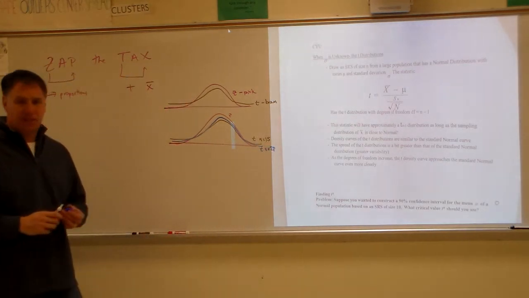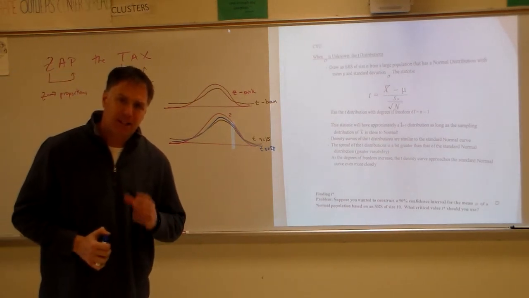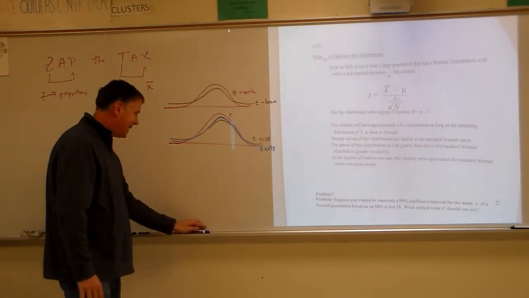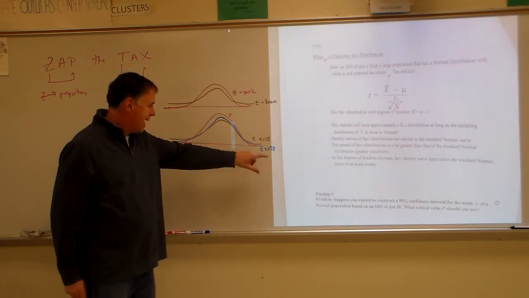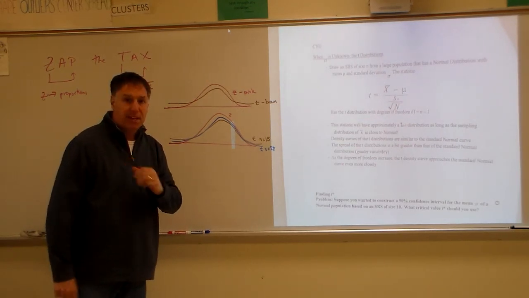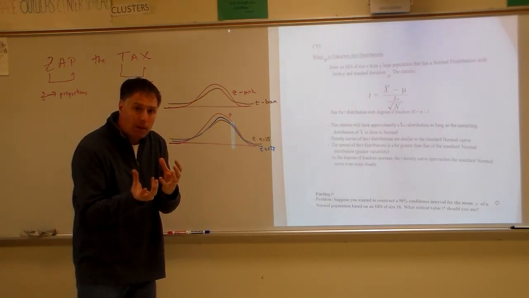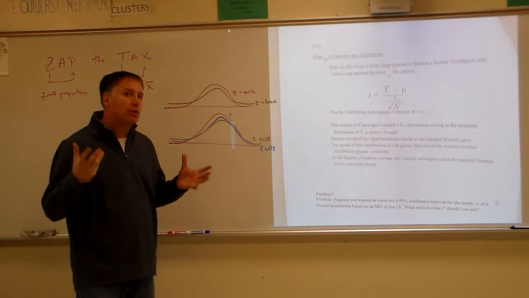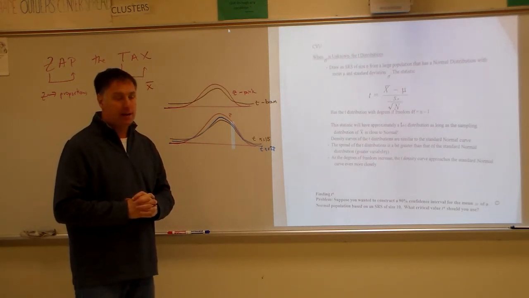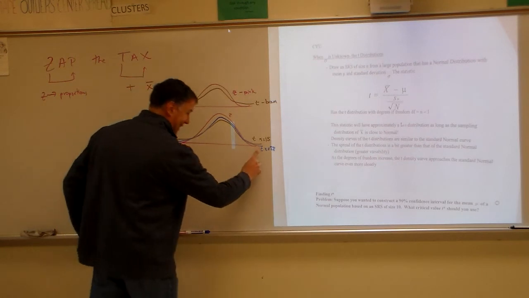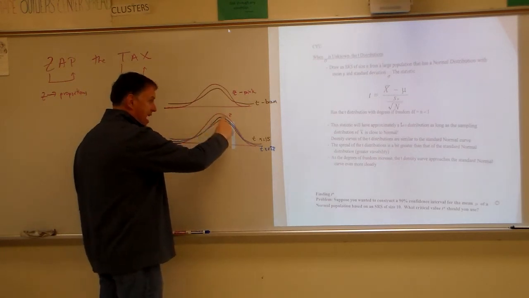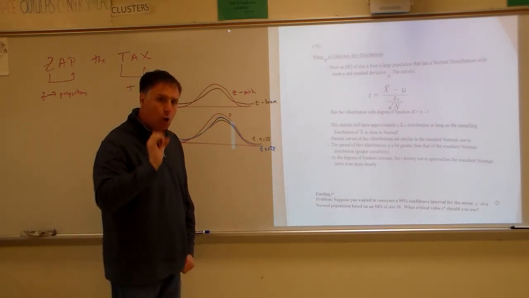What do you notice about the blue distribution, the T distribution, when the n gets bigger? It becomes more normal. It becomes more like a normal distribution, okay? So as n goes up, our data becomes more and more normal.